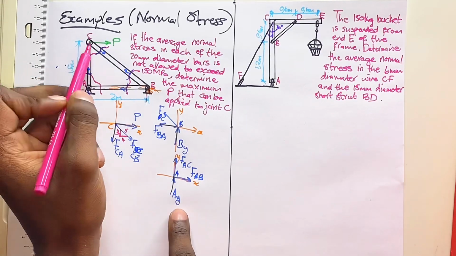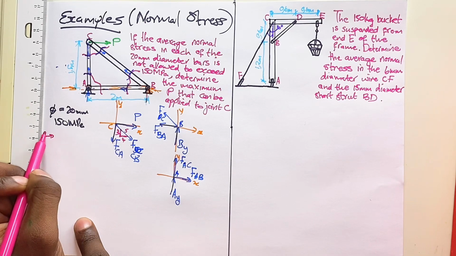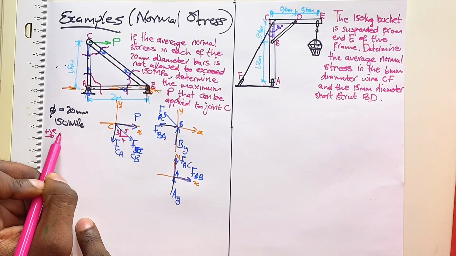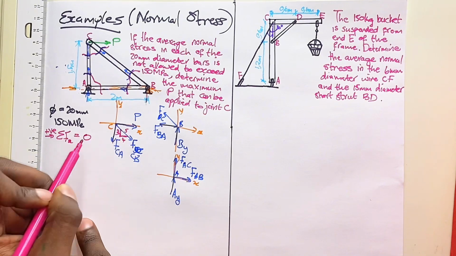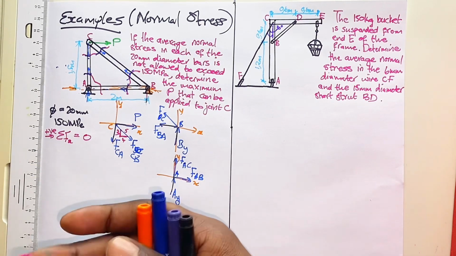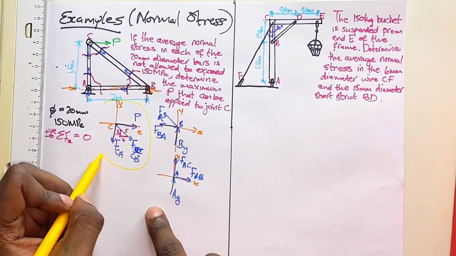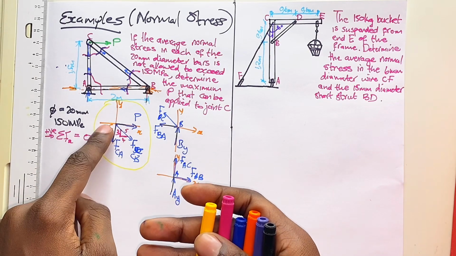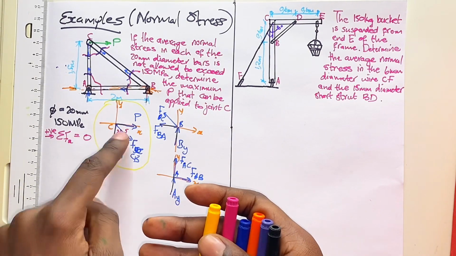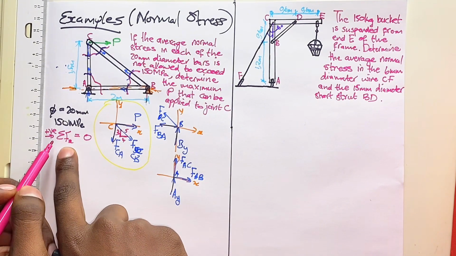Now remember that I'm still looking for the force P. Remember, for equilibrium, the sum of forces in the x direction must be equal to 0. Now we are looking at this joint now. We are saying that all the forces in the x direction must be equal to 0. What are those forces?